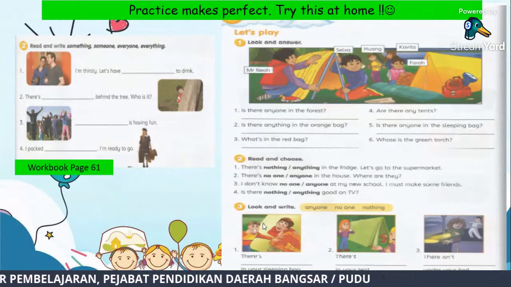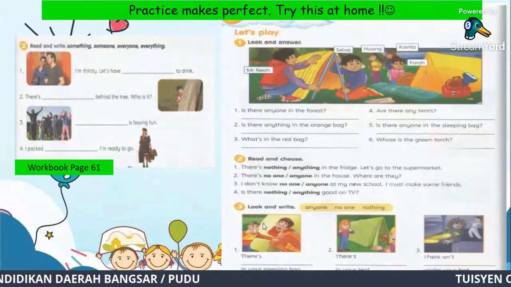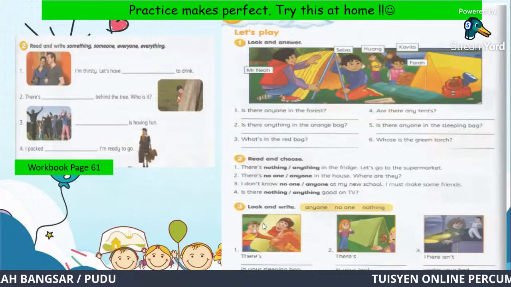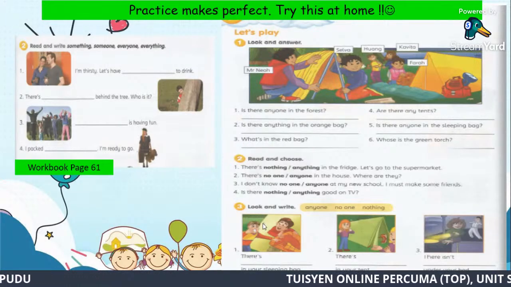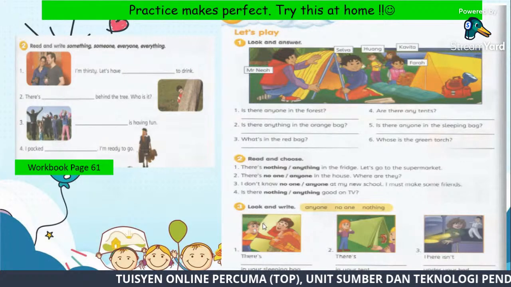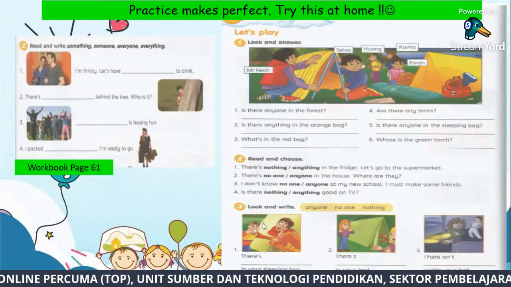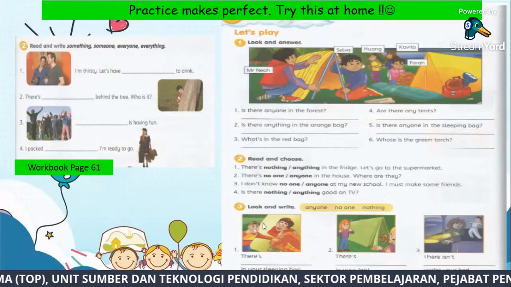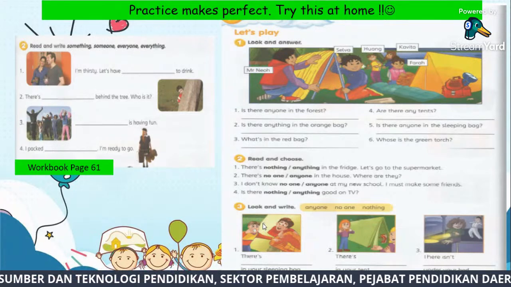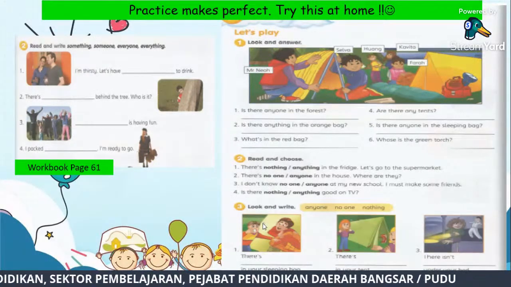Those who have your workbook with you, your CEFR workbook, Year 4, there will be workbook page 61. You have the exercises related to indefinite pronouns, involving something, someone, everyone, and everything.